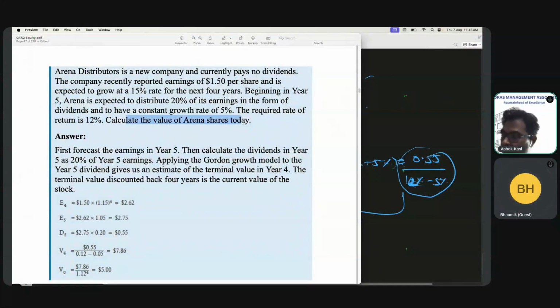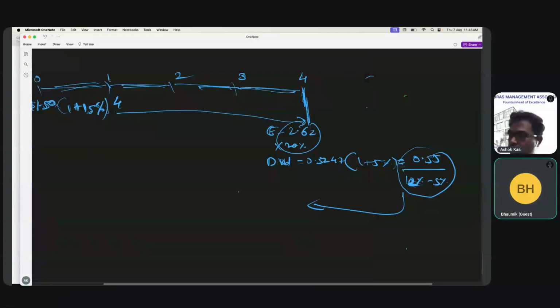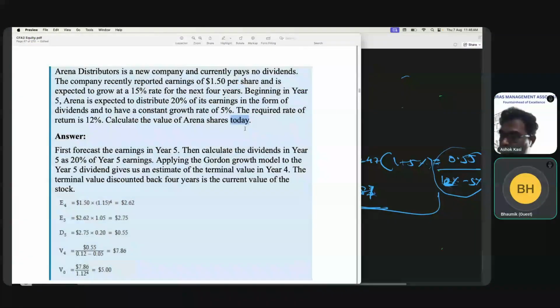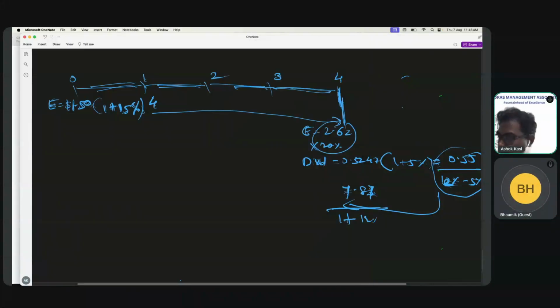Calculate the value of the share today, they said. Then you have to discount it because they asked for the value as of today. So divide by 1 plus 12% raised to 4.